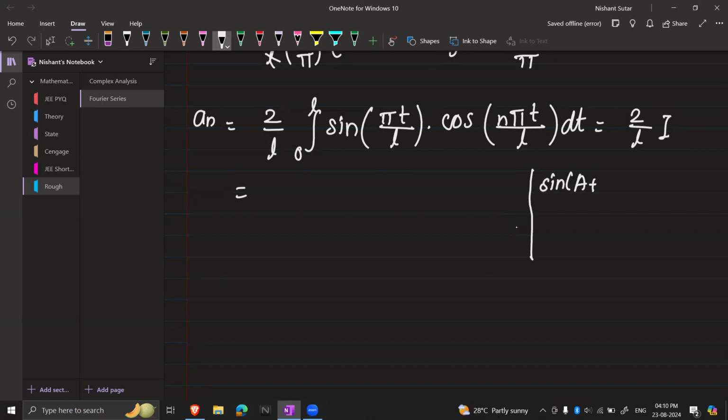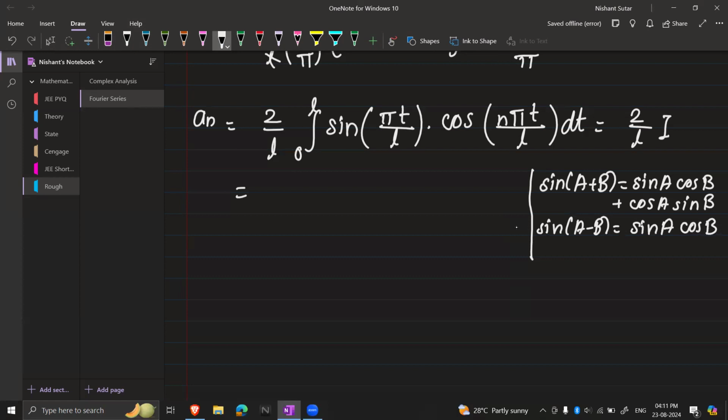Note that sine of a plus b is sine a cos b plus cos a sine b. And again sine of a minus b is sine a cos b minus cos a sine b.